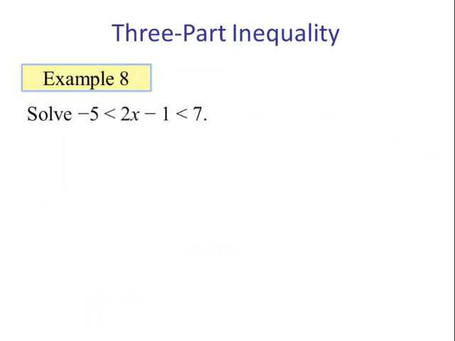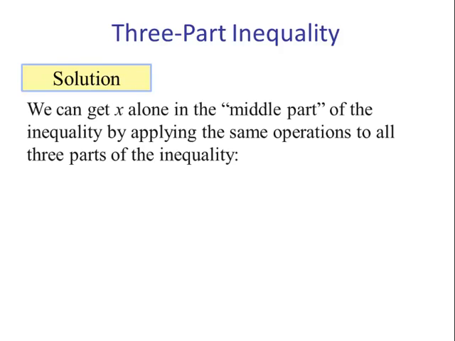Example 8. Solve -5 < 2x - 1 < 7. We can get the x alone in the middle part of the inequality by applying the same operations to all three parts of the inequality. So our first step is we're going to add 1 to all parts.